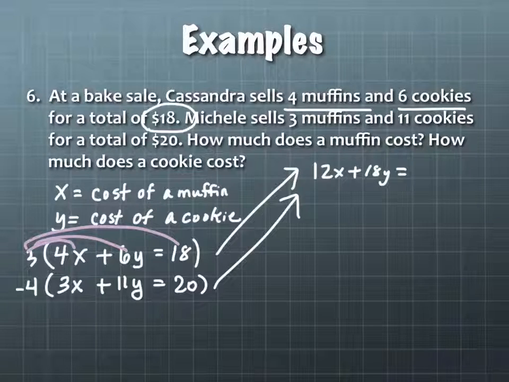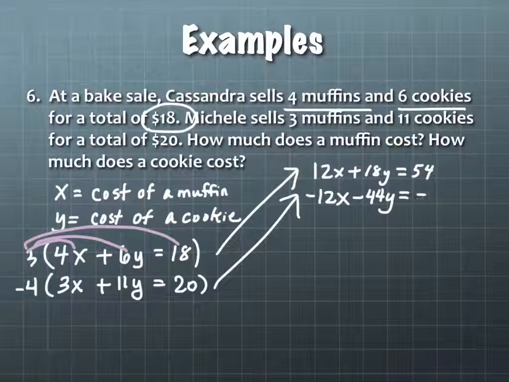You might have missed that piece. It's okay. So we have 54. Excellent. And on the second equation, I'm multiplying by negative 4. So again, as the goal was, I get my negative 12x. What do I get for y? Yep, negative 44y equals, and the last one's also a negative. Negative what? 80.